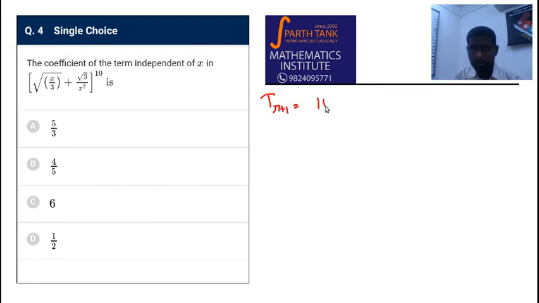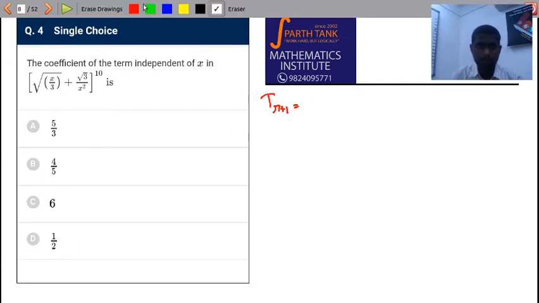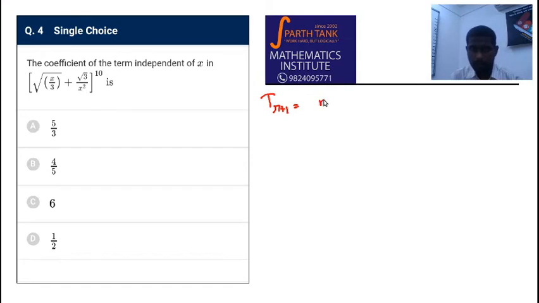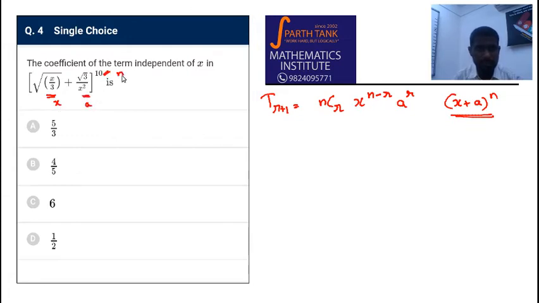T(r plus 1) is given as nCr x raised to n minus r a raised to r in the expansion of (x plus a) the whole raised to n. n is the power, x is the first term, a is the second term. So using this, for the given expression, this is x, this is a, and this is n.